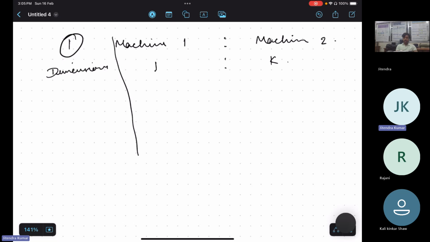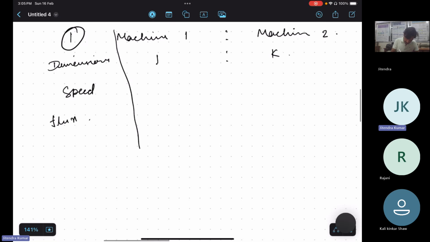But speed, flux density, and current density are same. Now we have to find the ratio between kVA rating of both the machines.